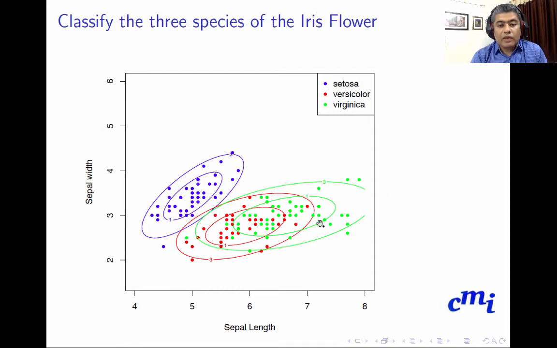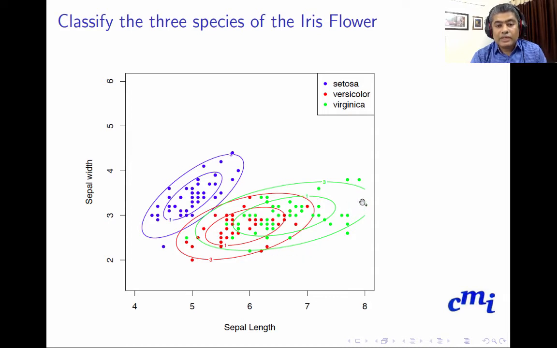Similarly, if we take only the green points that represent the virginica in our training data set and compute the mean, which will be somewhere here, and the covariance matrix, we can represent them by a bivariate normal distribution.